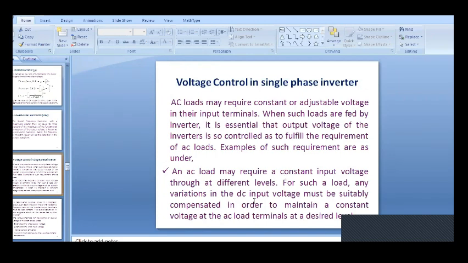An AC load may require a constant input voltage at a given level. For such a load, any variation in the DC input voltage must be suitably compensated in order to maintain constant voltage at the AC load terminal at a desirable level.